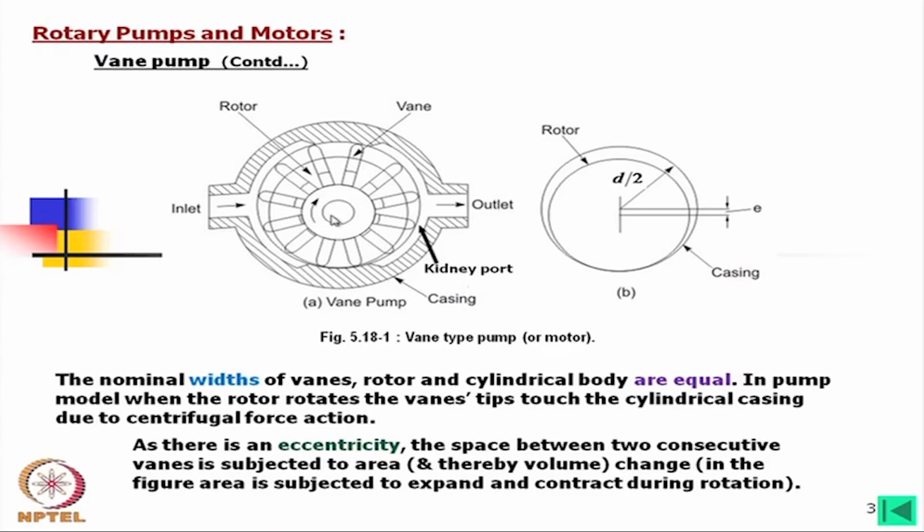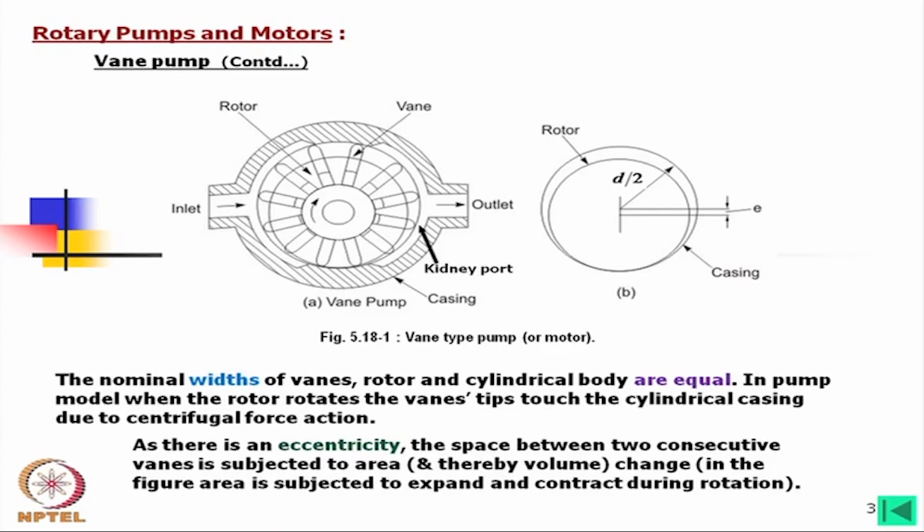Look at this: if we make this eccentricity 0, it will still rotate, but there will be no compression and expansion. So, definitely this gives us a clue: if we can change this eccentricity, then we can make it variable displacement also.